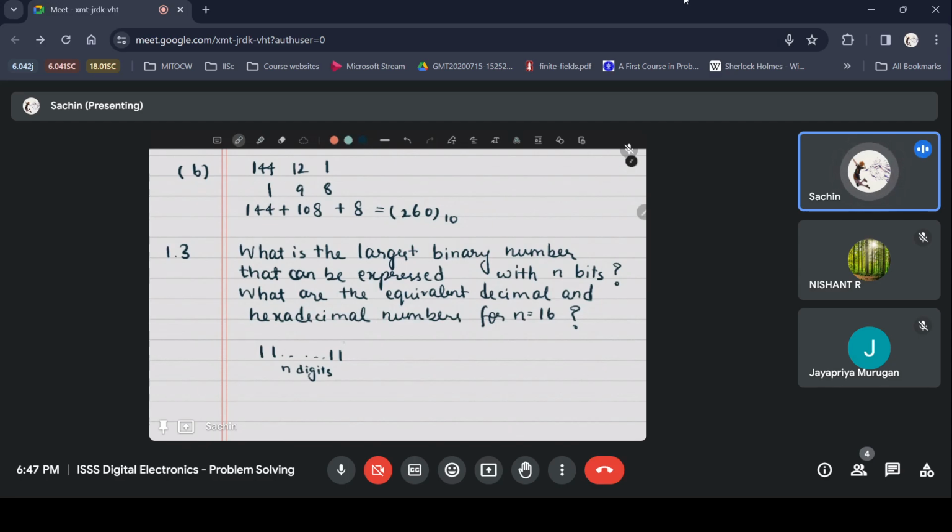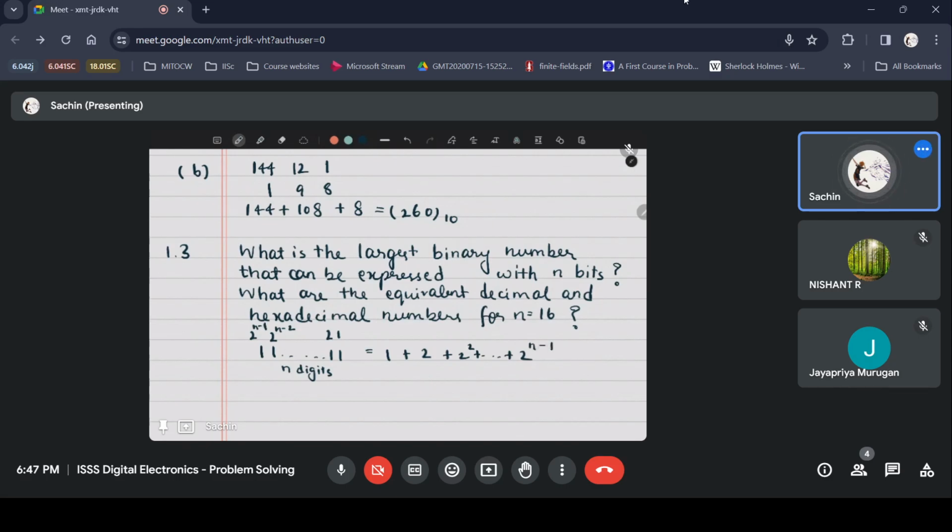And these are multiplied by their weights: 1, 2, 2 power n minus 2, up to 2 power n minus 1. So the value of this number will be nothing but 1 plus 2 plus 2 square etc. up to 2 power n minus 1.